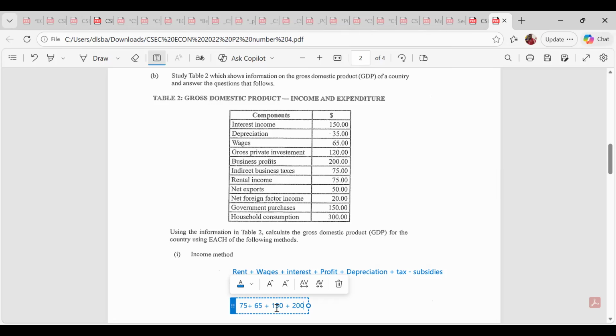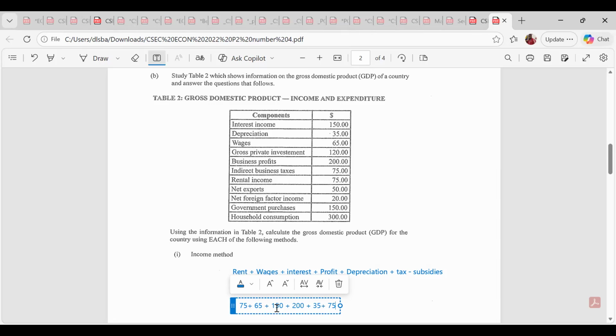Now for the adjustments. Is there any depreciation? Yes, sir. $35. Any taxation? Yes, sir. $75. All right.